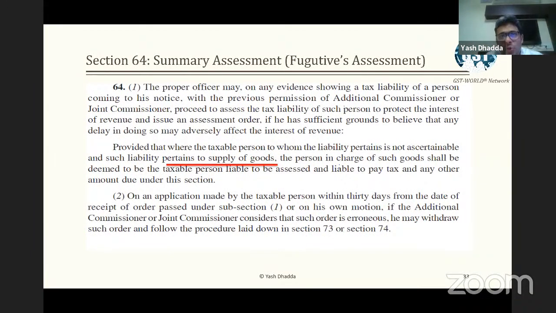Obviously, when you have a normal show cause notice, you have an opportunity to give a reply, you have an opportunity to get your personal hearing, and then there is an order in that regard. So section 64, only in exceptional circumstances, the department can basically invoke.